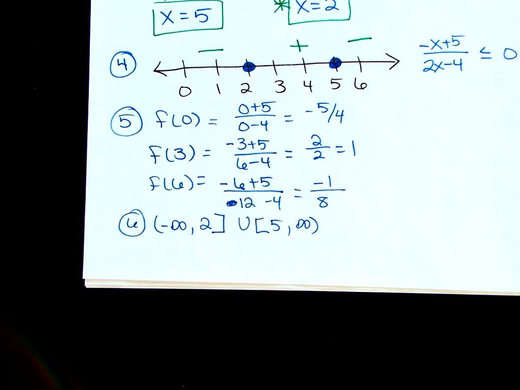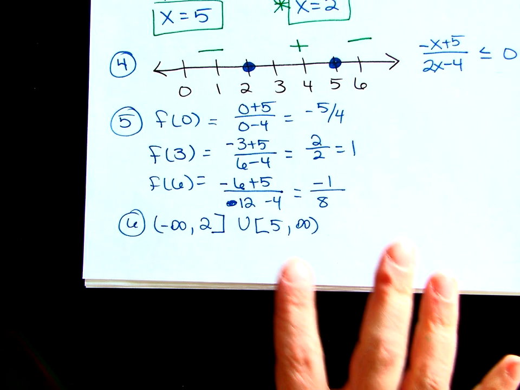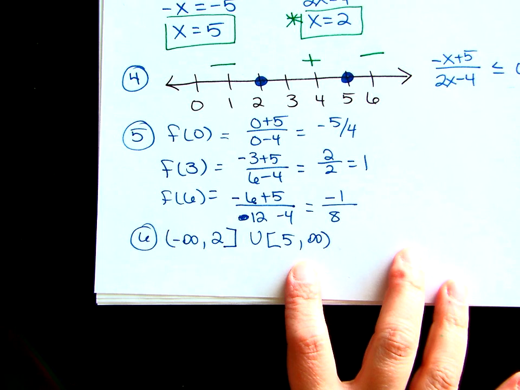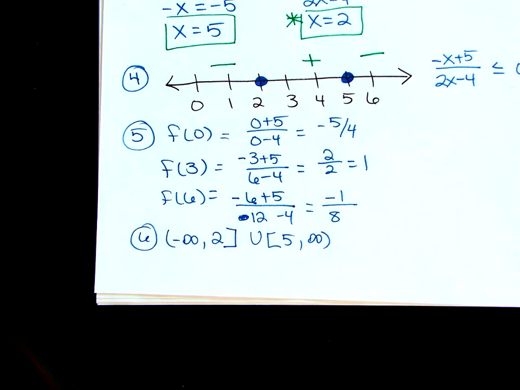Now the question becomes, are either of my trouble spots included in causing problems? Where was our trouble spots? Yeah, just at 2. Is 2 included in our answer interval? Yeah, so we need to take it out.